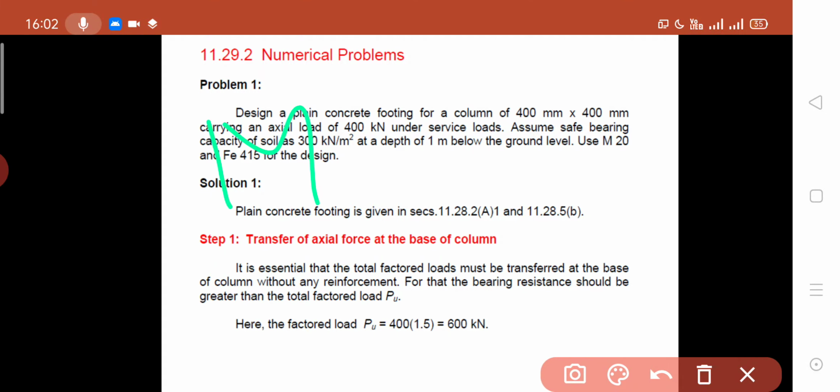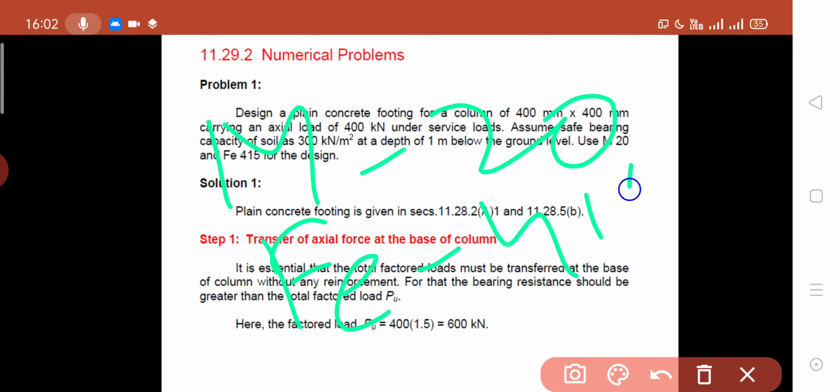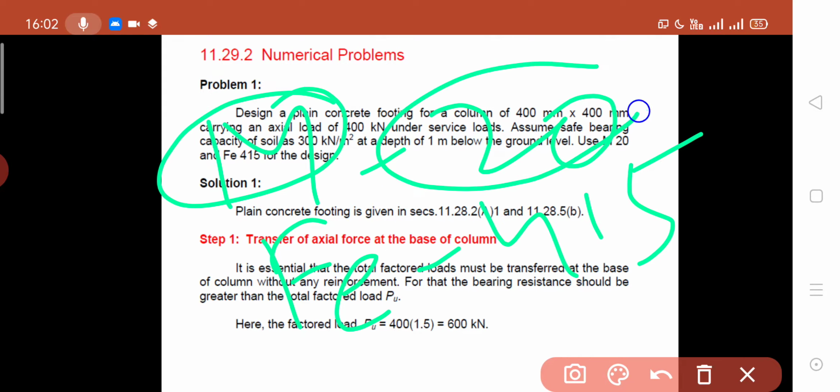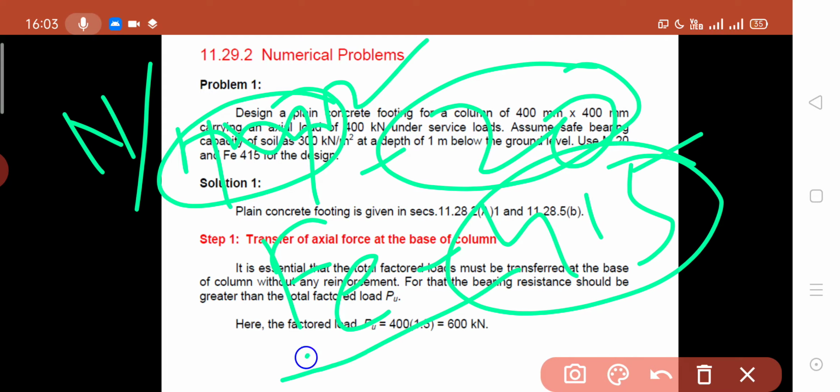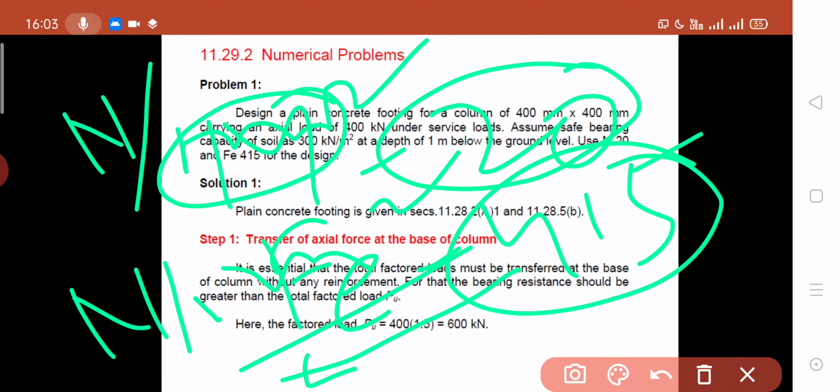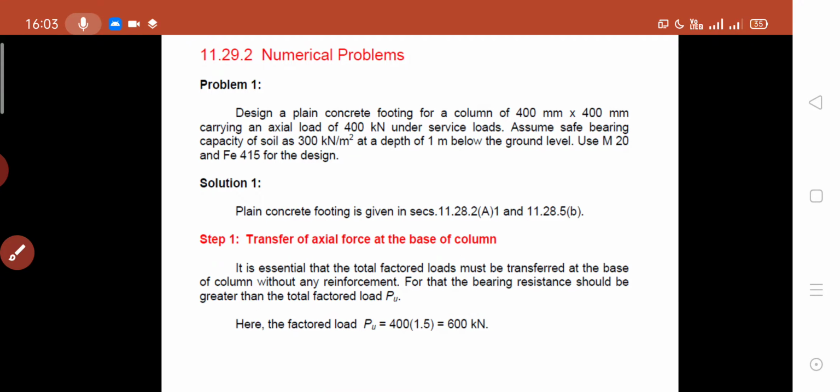Here M means mix and 20 is the characteristic strength of concrete in Newton per mm square. And FE415 is the grade of steel, which means the yield strength of steel, 415 Newton per mm square. So, now we solve the question.